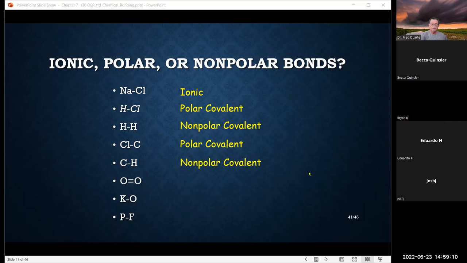Oxygen and oxygen is simply a diatomic, and all diatomics are non-polar covalent bonds. Then we've got potassium and oxide, and that definitely is ionic, a metal and non-metal. And then phosphorus and fluoride, definitely a covalent bond, but more specifically, a polar covalent bond.